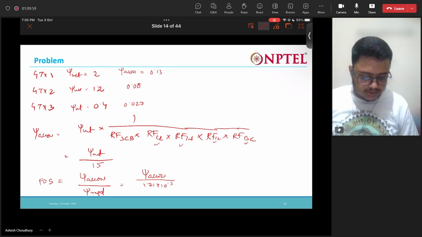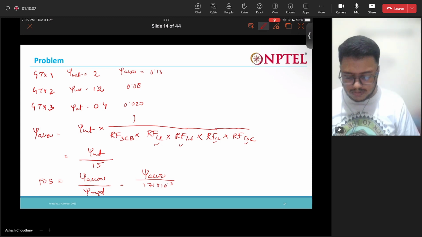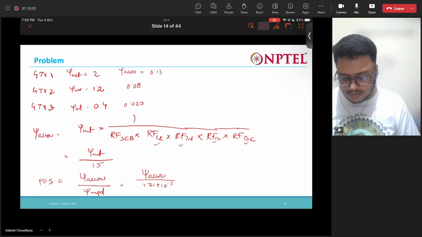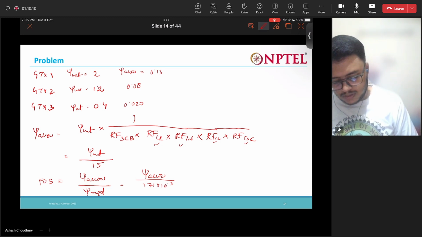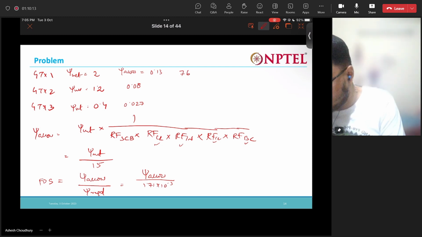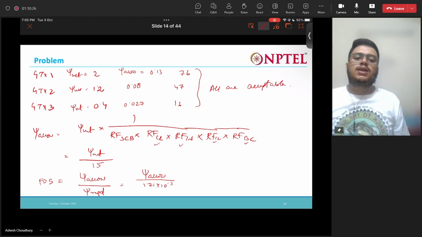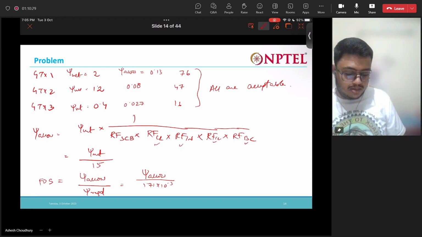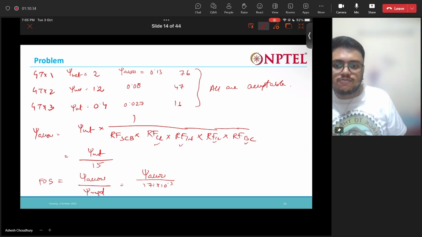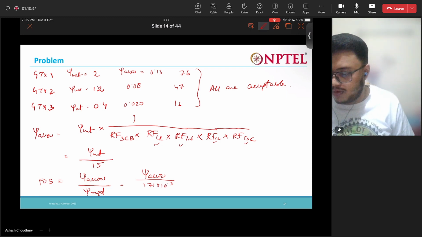So for the geotextiles, 0.13 divided by 1.71 into 10 to the power minus 3 gives 76, and so on to 47. So all are acceptable. This is for your flow criteria.